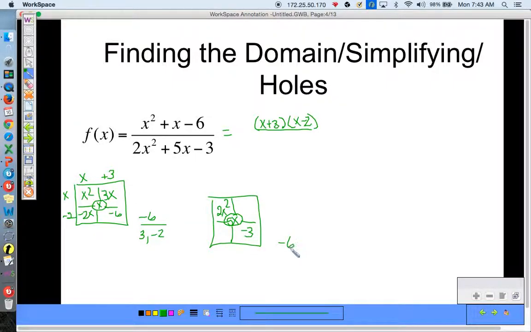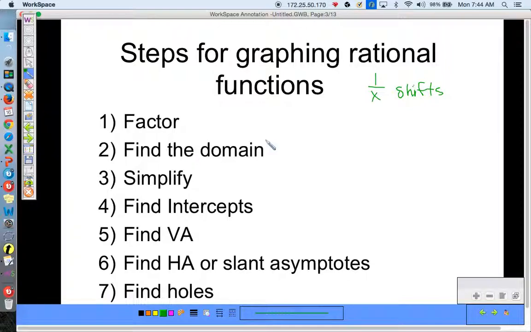It multiplies to negative 6 and adds to 5. 6 and negative 1. So let's see, this bottom would be 2x minus 1 and x plus 3. So factoring is done.